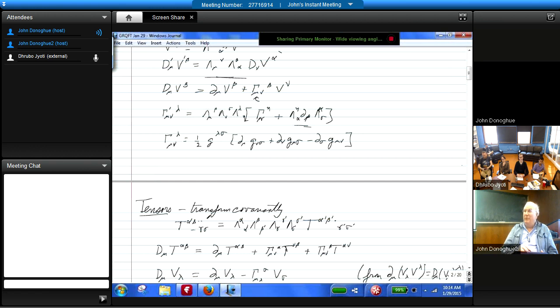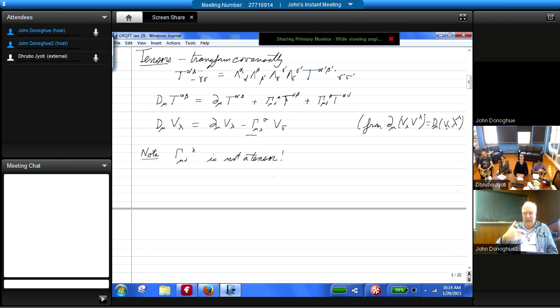So it doesn't transform simply. This guy is a connection, or the affine connection. In general, it transforms differently: like a tensor plus a gauge piece.